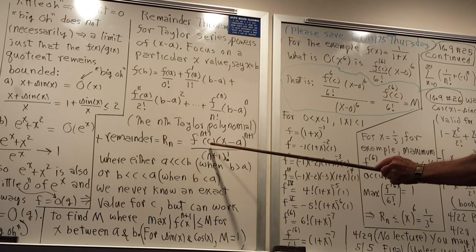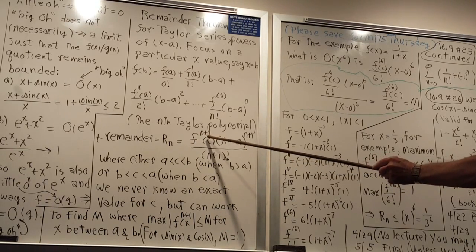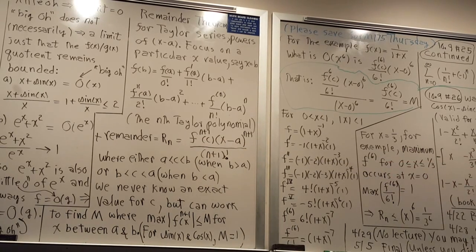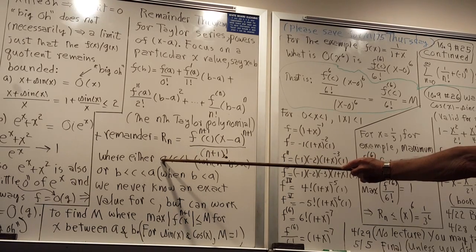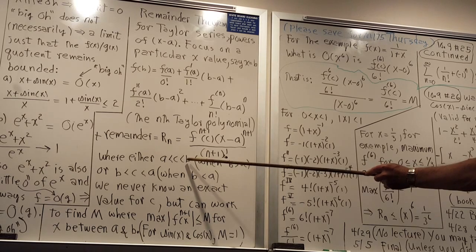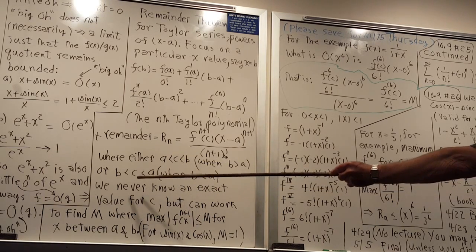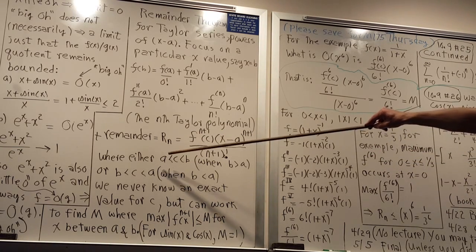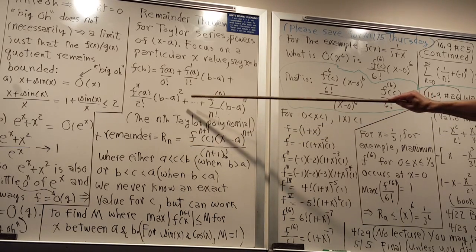The place where the value of the n plus first derivative would be taken for this to be exact could either be between A, where you're evaluating your derivatives, and the B, where you have the value that you want to put in your table, if the B is larger, or it could be the other way around if the B is smaller.